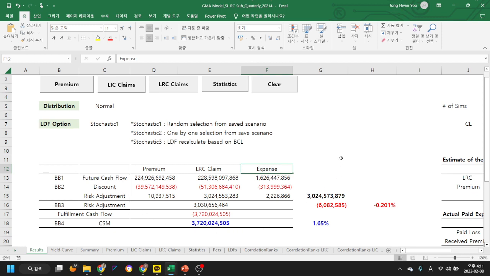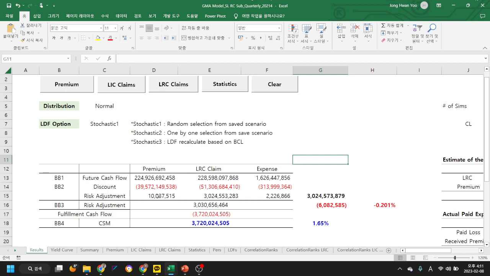I tried to show you what if we used, because I have each cash flow component as a 1000-scenario distribution estimate.